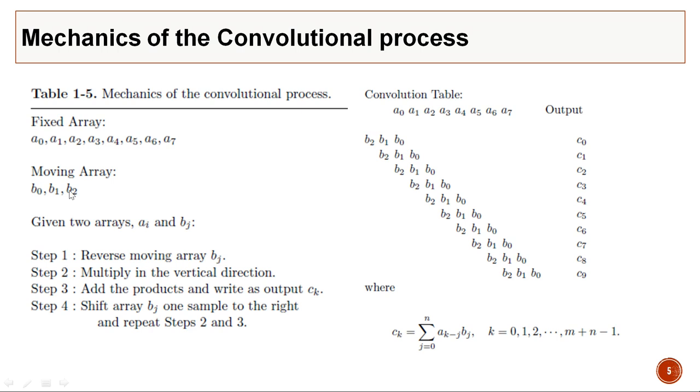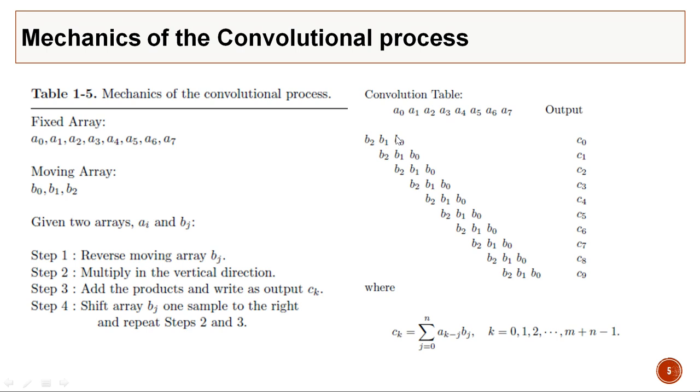Like I said, we first time invert the function. So instead of b0, b1, b2, we write it as b2, b1, b0 with b0 at the front, and then we start sliding over the other function, the fixed array, and every time we have to do the cross multiplication of the terms in vertical direction.